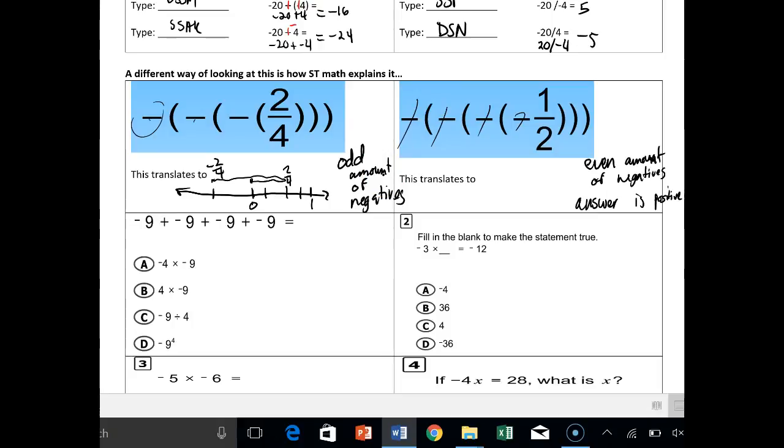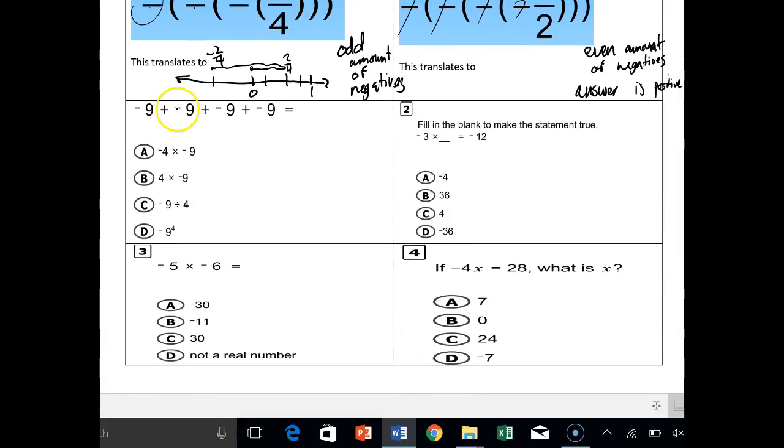So that's different now than adding. If I just have a whole bunch of addition problems, this is going to be negative 9 plus negative 9 plus negative 9 plus negative 9. This is negative 36 when I'm adding. This is nothing but same signs add keep. So to write that as a multiplication problem, only one of the numbers can be negative, and that's this one.